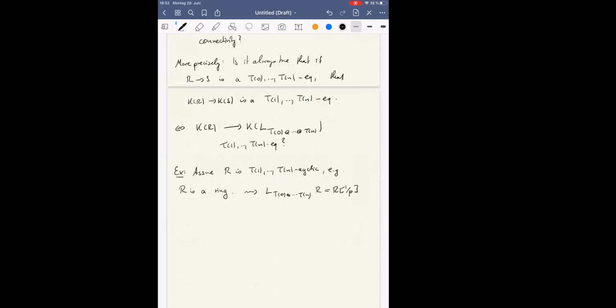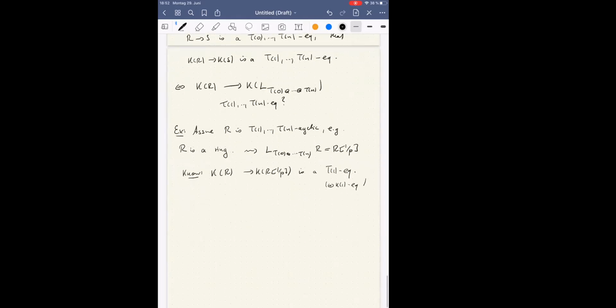And here we know that K of R to K of R 1 over P is a T1 equivalence. This is something I mentioned earlier, or equivalently a K1 equivalence. And if R is a classical ring, we certainly also know it's a Ti equivalence for all i, because these would vanish on these localizations. But actually, we can also give more examples.